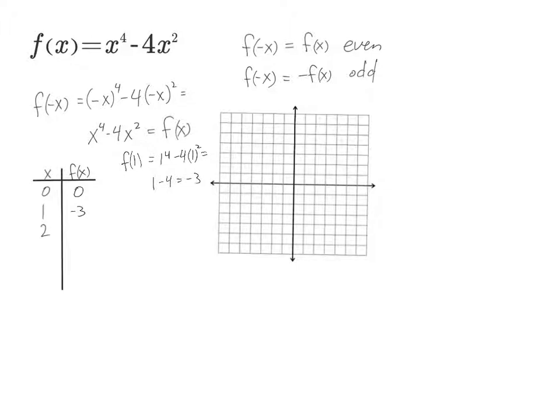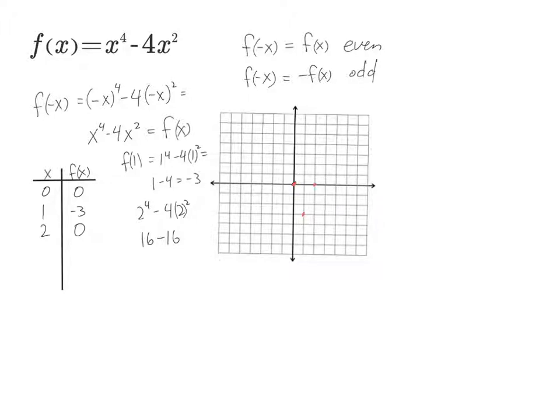And then if I plug in a 2, I get 2 to the fourth minus 4 times 2 squared. 2 to the fourth is, well, 2 times 2 is 4, times 2 is 8, times 2 is 16, minus 4 times 4, that's 16 as well, so that's going to be 0. So with that information, we got 0, 0, which is going to be right here. I'll make it in a different color, right there. 1, negative 3, which is going to be right there. And then 2, 0, which is going to be here.